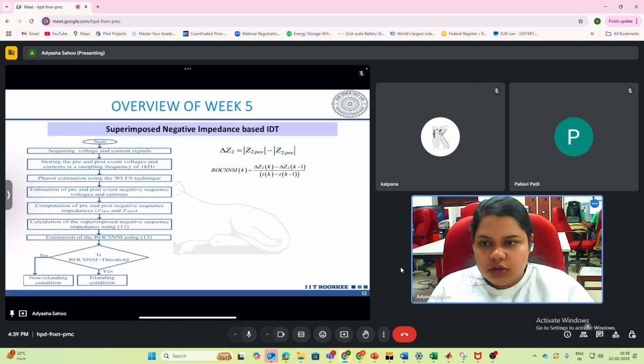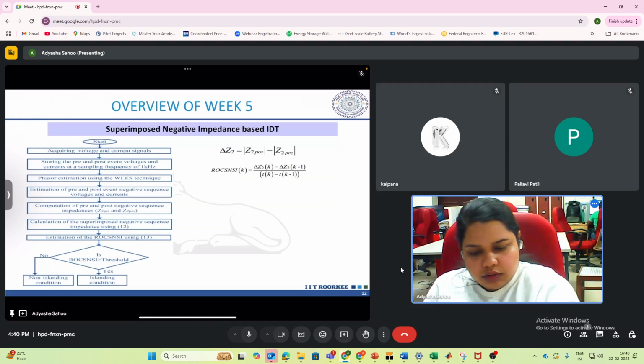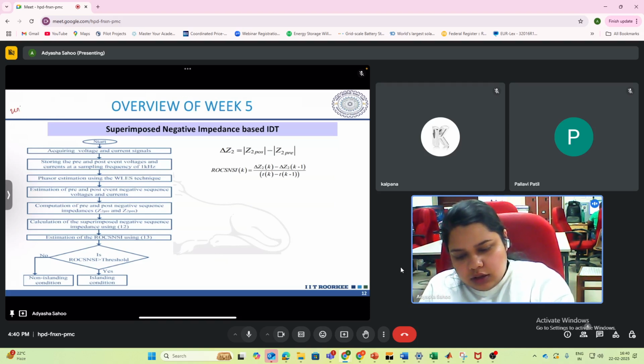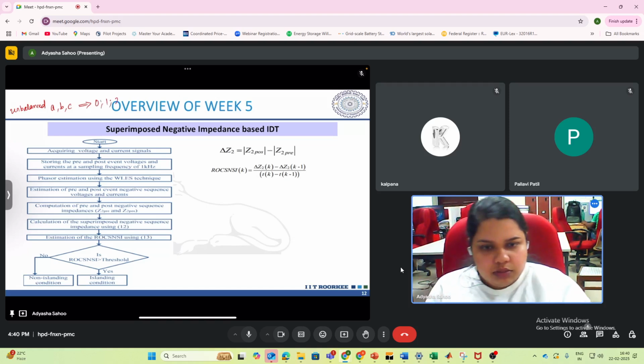The next type was this superimposed negative impedance based IDT. So basically, for an unbalanced network, the ABC phases can be converted into sequence components, which are your zero sequence component, positive sequence component, and negative sequence component.